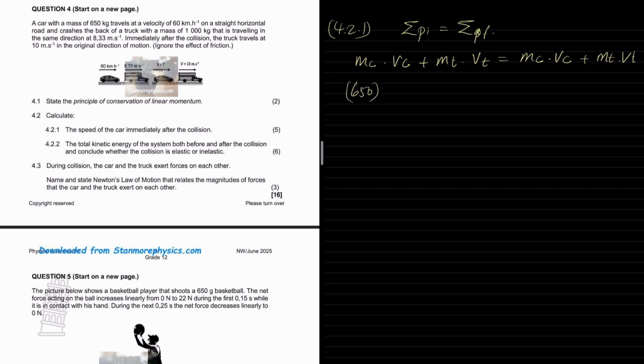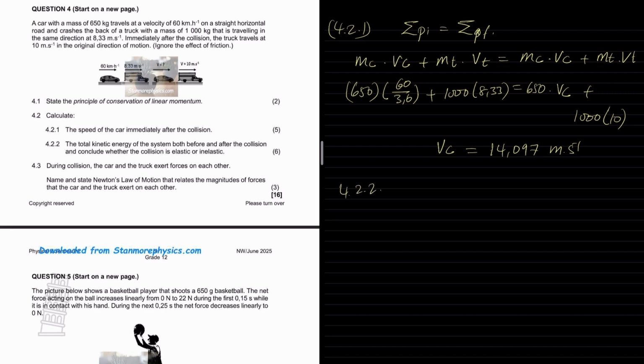So 650 times, this is going to be 60 divided by 3.6, plus mass of the truck is 1,000. The truck was moving at 8.33. The mass of the car after is 650. We don't know what the velocity of the car is. Plus mass of the truck is 1,000. And velocity of the truck after is 10. You can solve for VC. Velocity of the car after is going to be 14.097 meters per second.